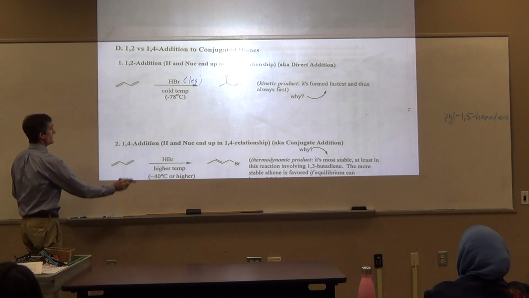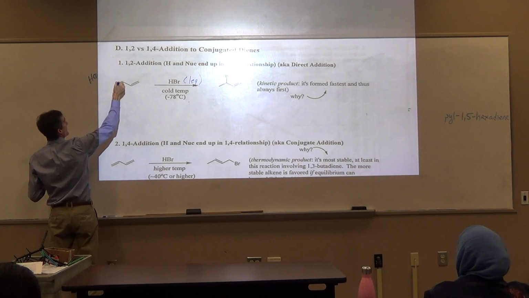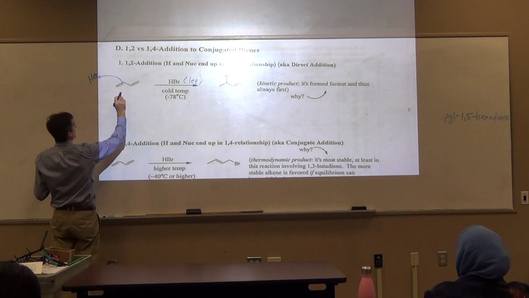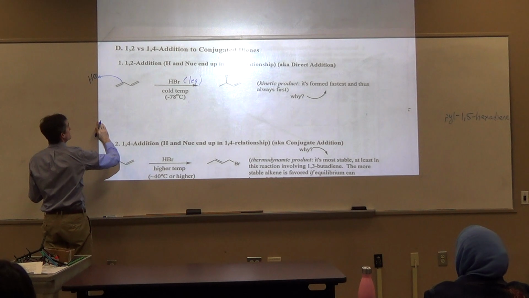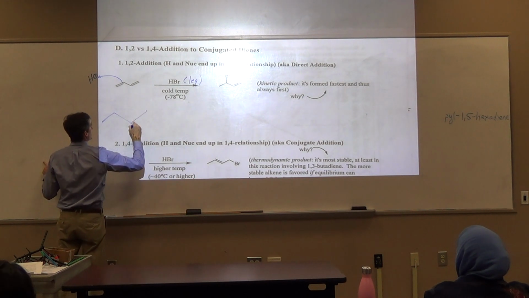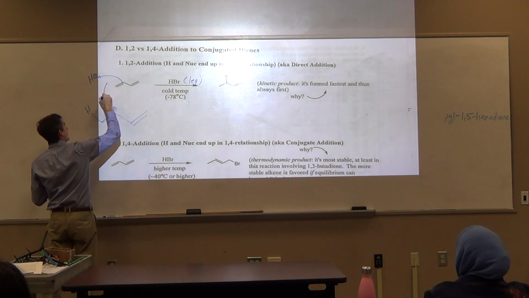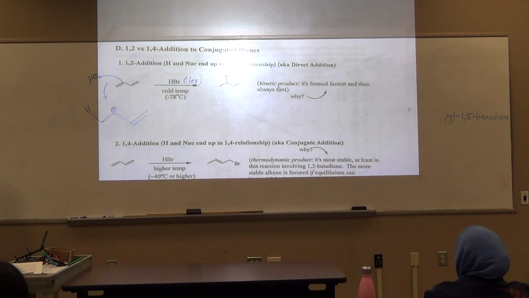How do we get that product? Well, we've been doing this for 6 weeks. We got H+. This alkene can react here. Where are we going to leave the cation? Left or right? Right. On the right, correct. Why on the right? This looks familiar? Why on the right? Oh, that's secondary?